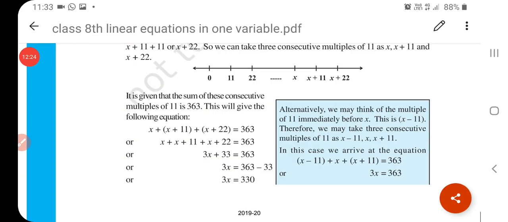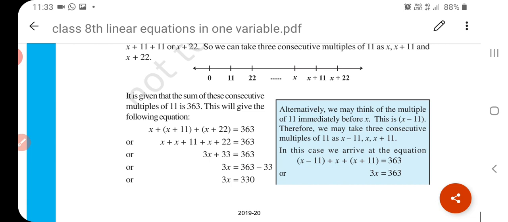So student, an algebraic equation is an equality involving a variable. It says that the value of the expression on one side of the equality sign is equal to the value of the expression on the other side. Okay, remember this point. A linear equation may have for its solution any rational number.